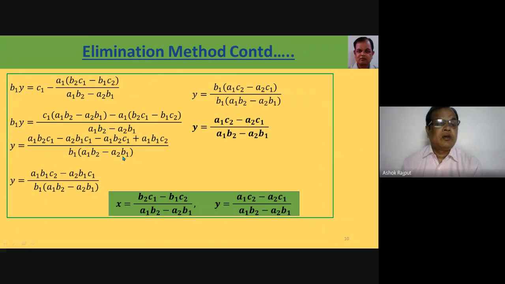Now we are seeing a1 b2 c1 and a2. Now here will remain only a1 b1 c2 minus a2 b1 c1.